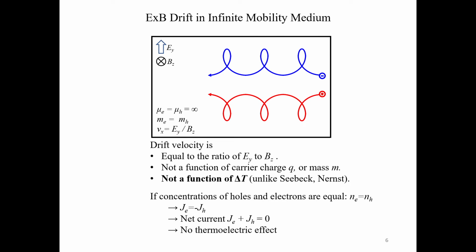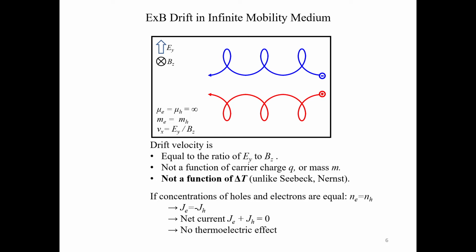When mobility is infinite, the drift velocity is a ratio of the electric field to the magnetic field. It is not a function of the charge or mass of the particles. And unlike in other thermoelectric effects, the drift is not a function of a temperature gradient.